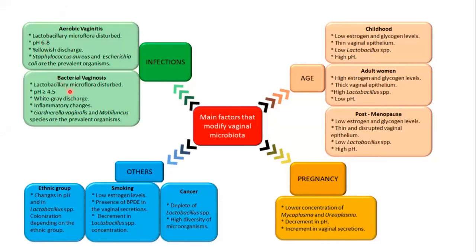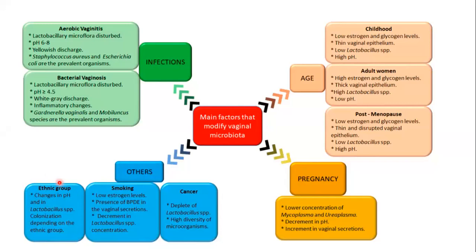Then we have the presence of a disrupted microflora, especially because of infections, where we have vaginitis. Then you'll have Staph aureus and E. coli being probably the more predominant microorganisms. And where you have vaginosis, where the pH is acidic, then you have Gardnerella vaginalis and Mobiluncus species being the more predominant organisms.